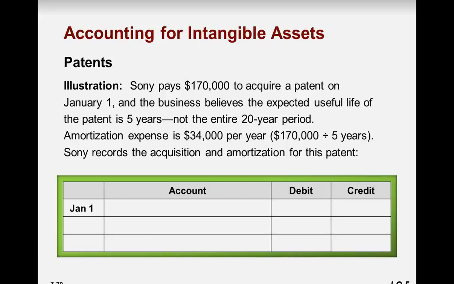We have some examples in the book and on the slides about recording a patent that you purchase for cash, and then the amortization expense to straight line amortize that patent. This company believes that the patent will only be good for 5 years, so they're not amortizing over 20 years, they're amortizing over 5, which they are allowed to do.